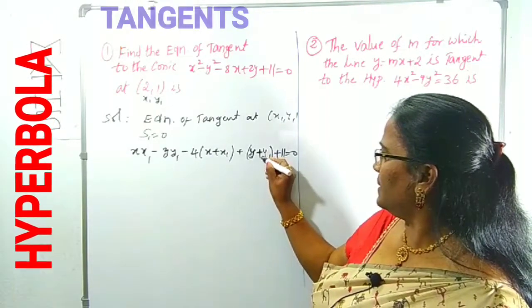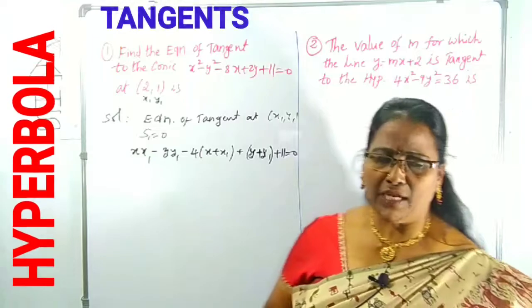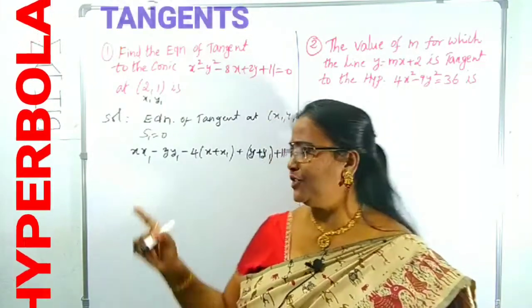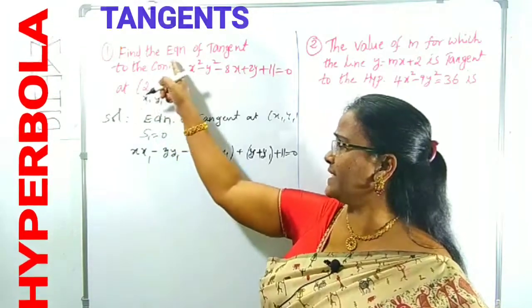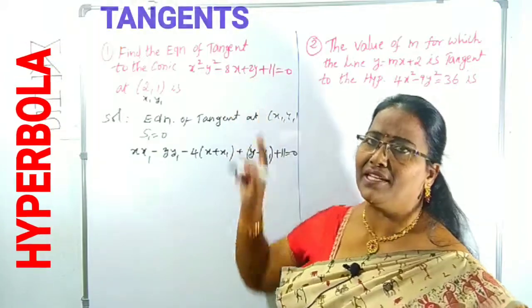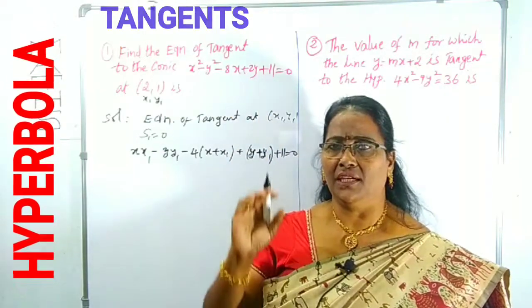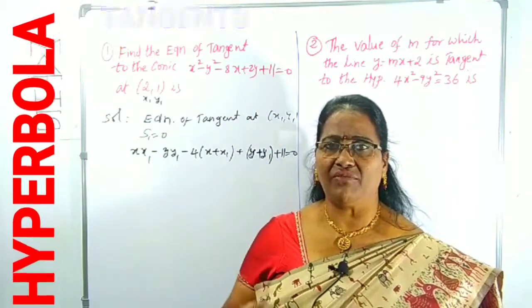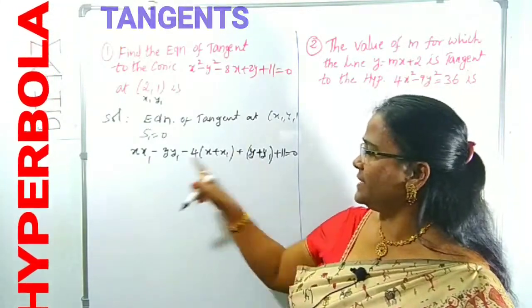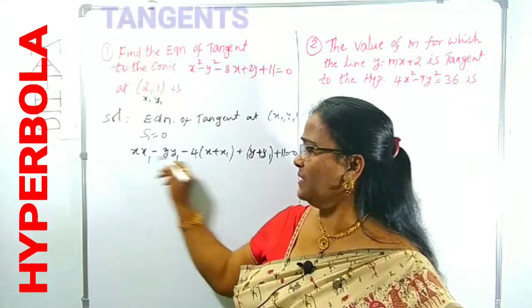This is the notation of S1. For any conic, we can follow the notation S1 like this only. Second degree terms like x square, y square, we can write xx1, yy1. And first degree terms like x and y, we can take half of the coefficient of x, half of the coefficient of y, then we can write (x plus x1), (y plus y1). This is called the S1 notation. Clear?